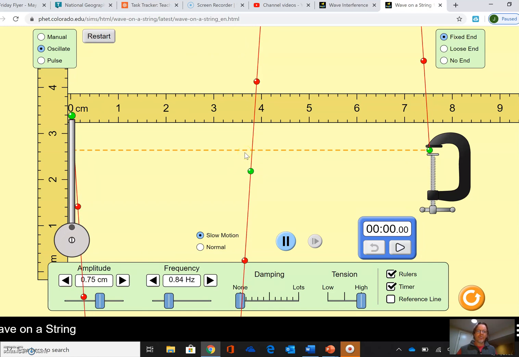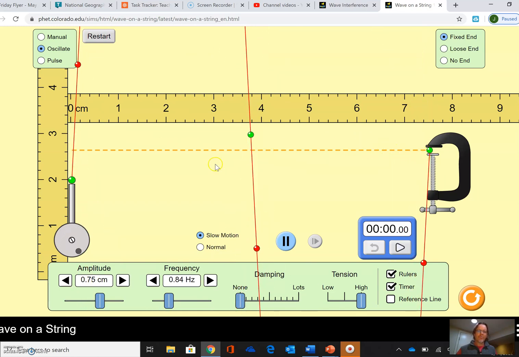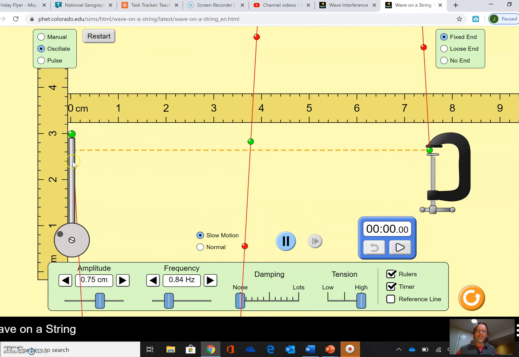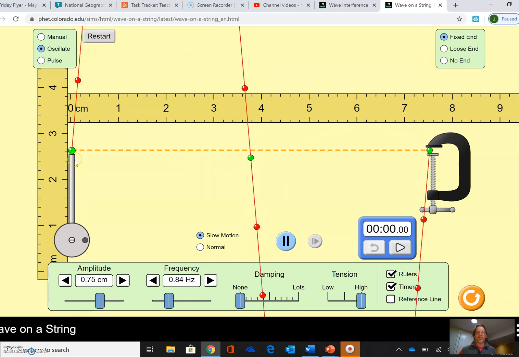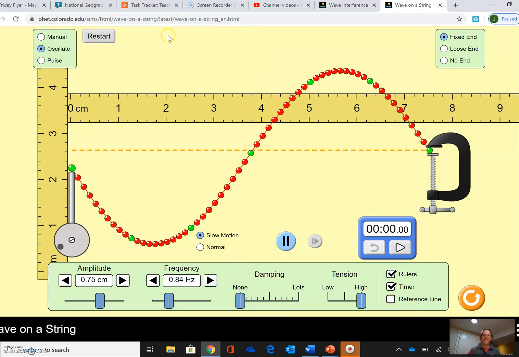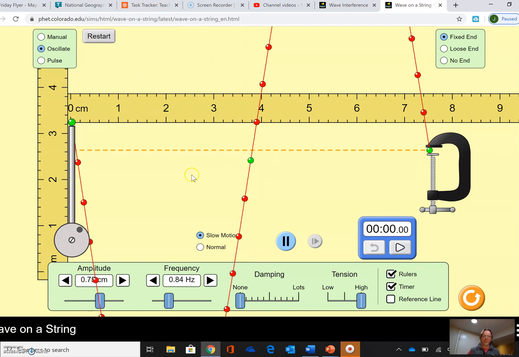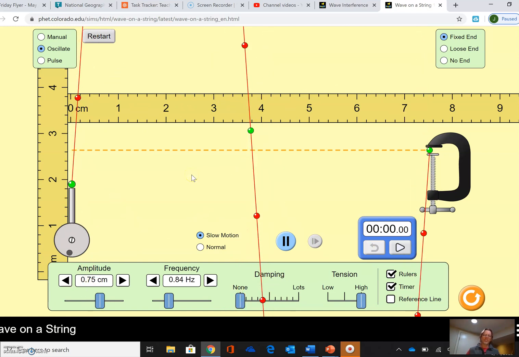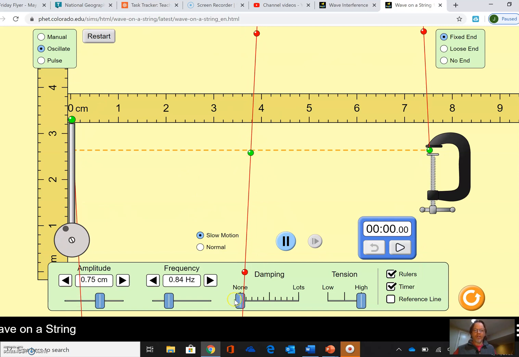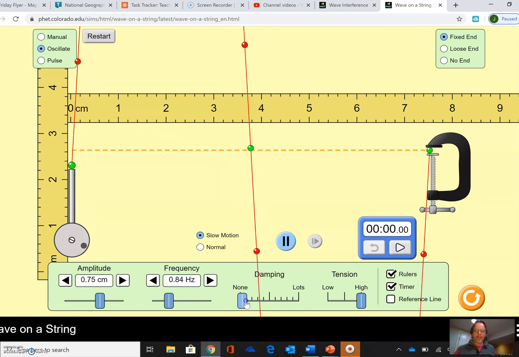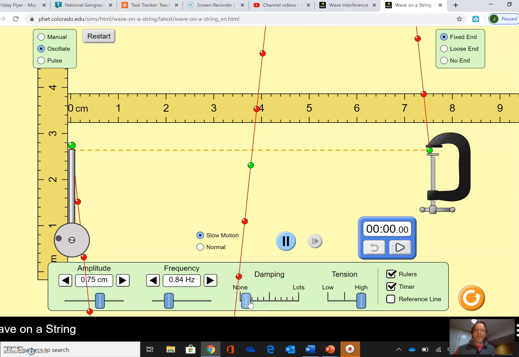This is called a node. Even though this is moving, it's minimal displacement. We still call that a node. So the antinodes are maximum displacement over here. Now the reason, once again, that your guitar or violin string doesn't get quite as crazy as that is that you've got a little bit of dampening going on.